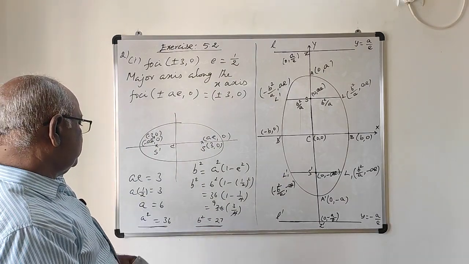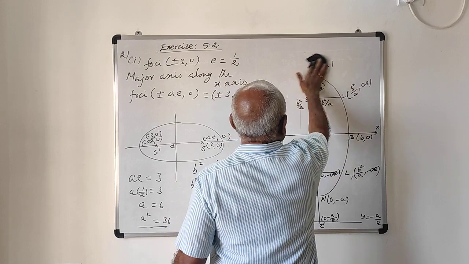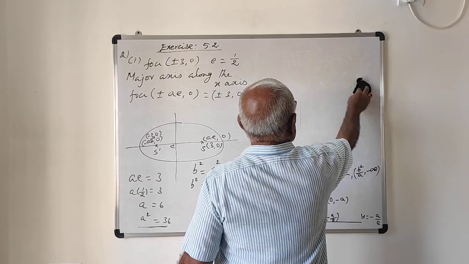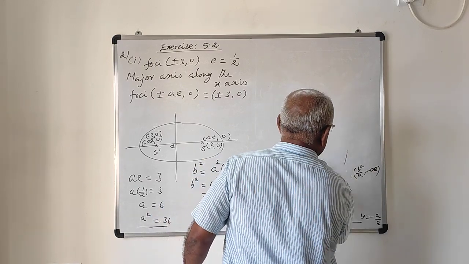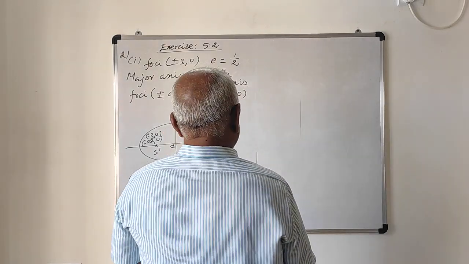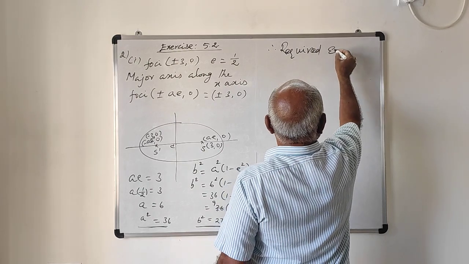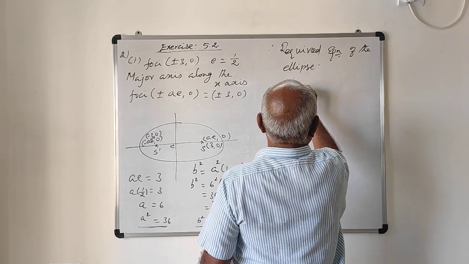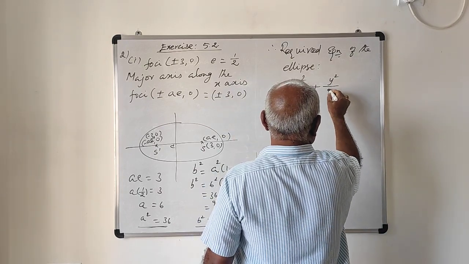Therefore, the required equation of the ellipse is x square by 36 plus y square by 27 equal to 1.